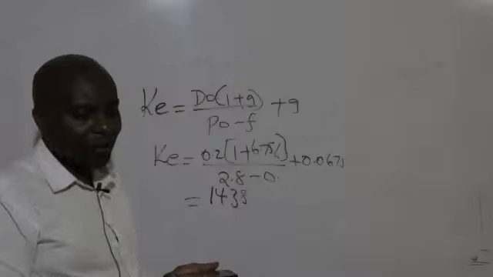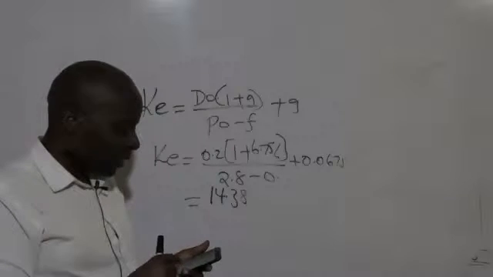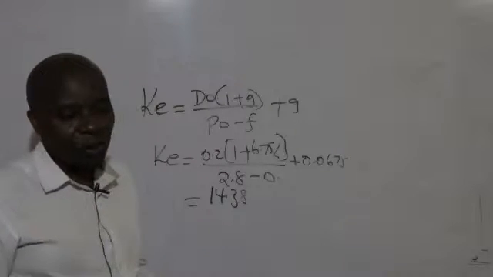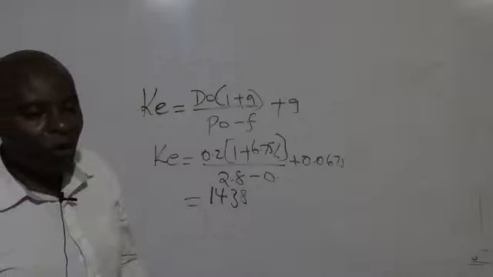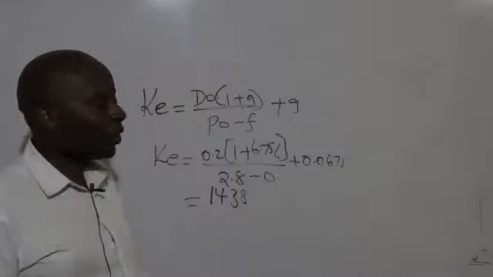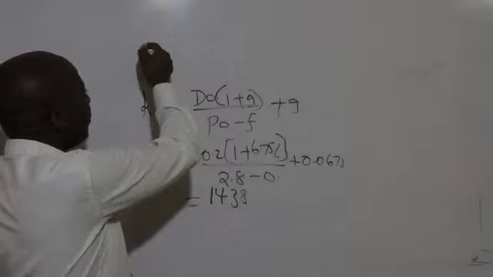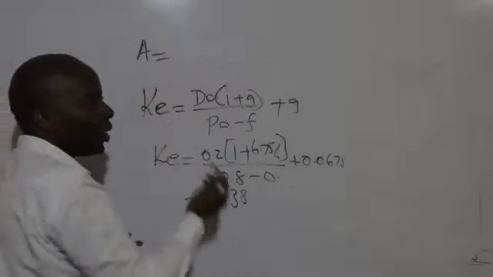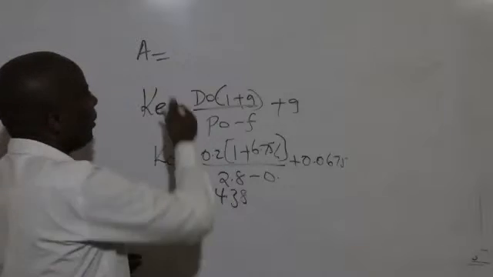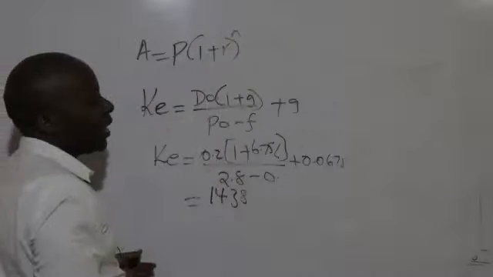Now, lastly, they want us to give them the market value per share in 2 years' time. Remember, this is synonymous with using the compounding formula, where amount equals principal into 1 plus R raised to power n.